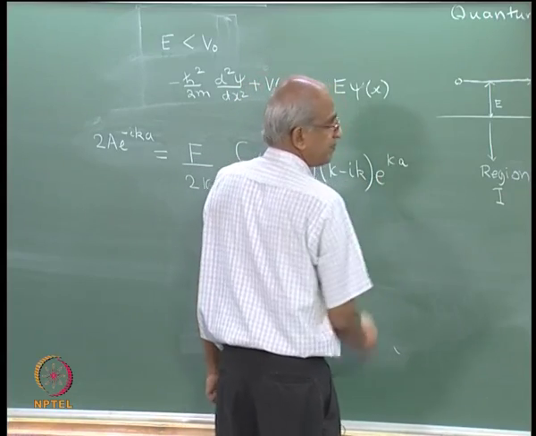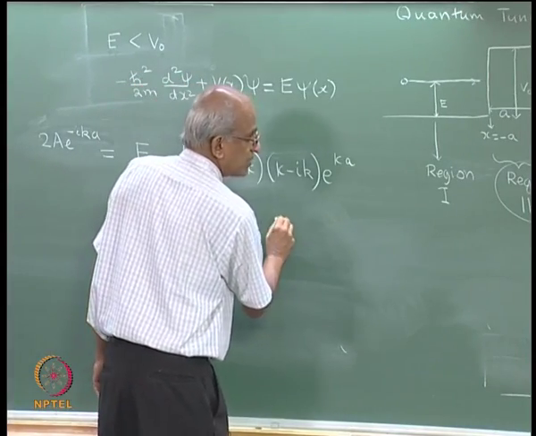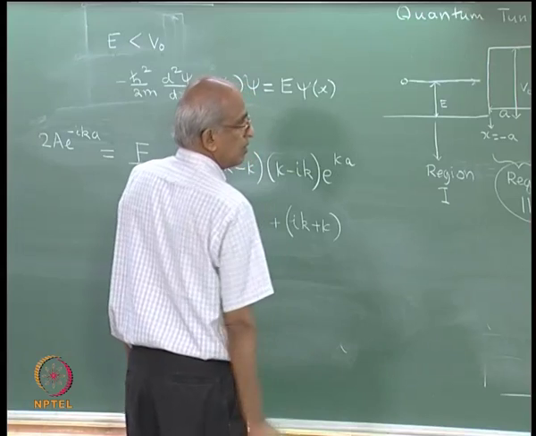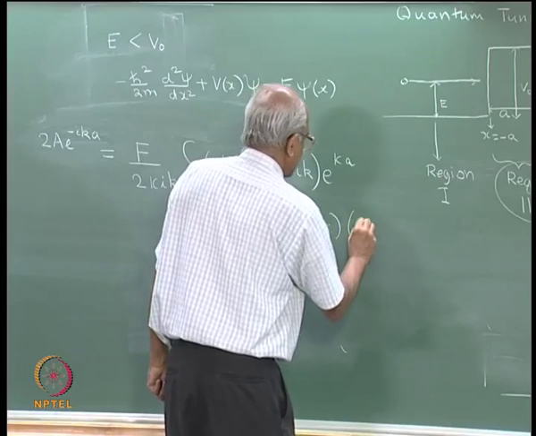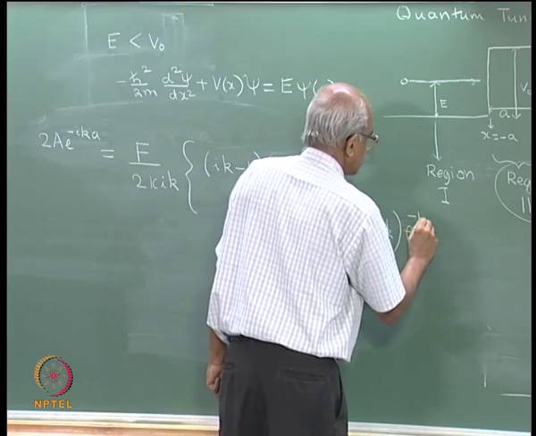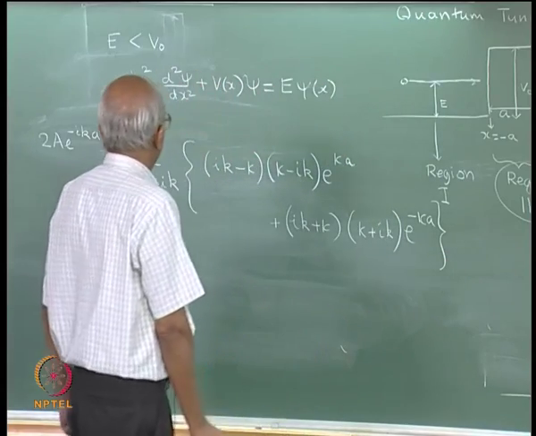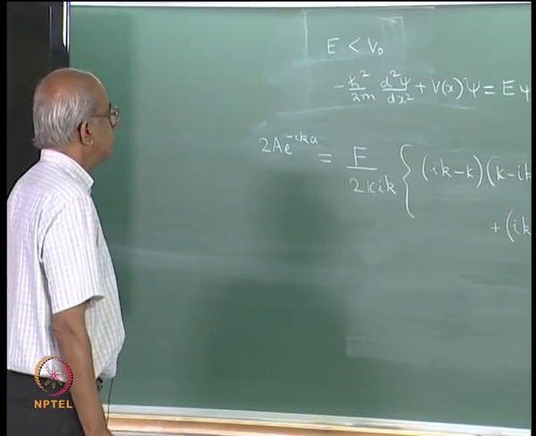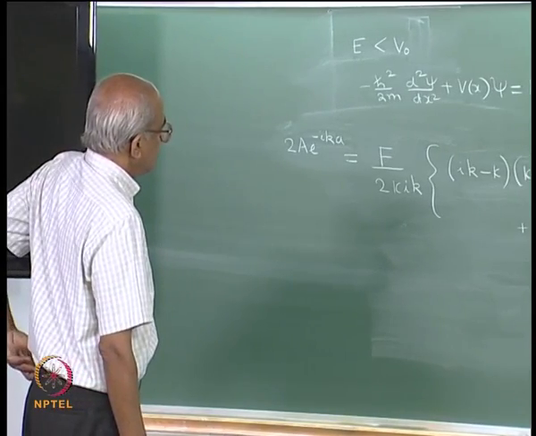That will be one term, and the other term will be plus ik plus kappa into kappa plus ik e to the power of minus kappa a. Okay.